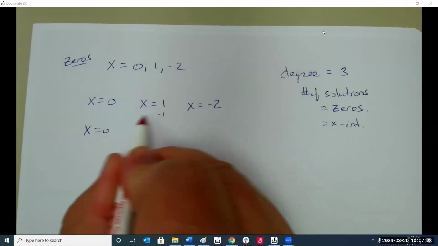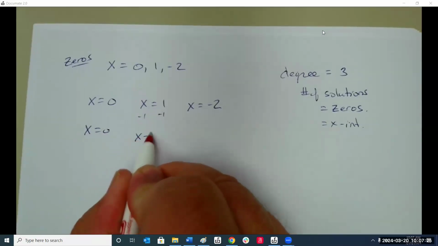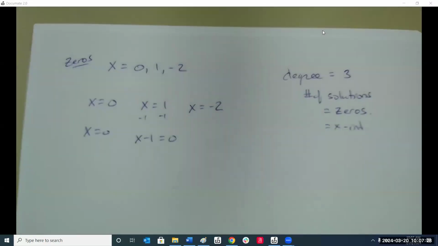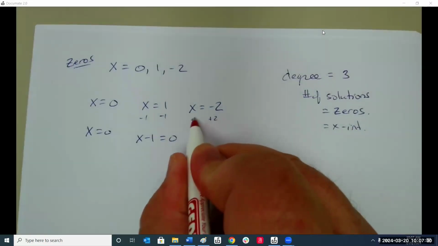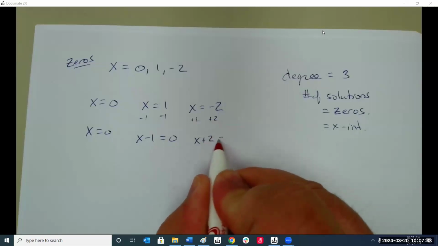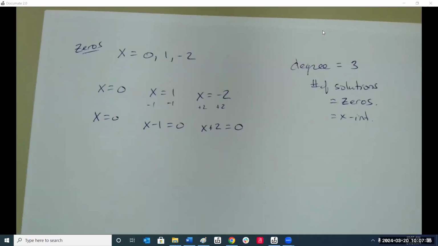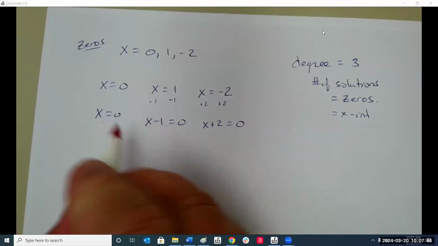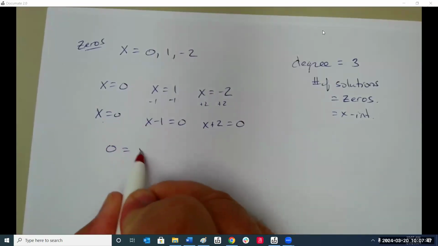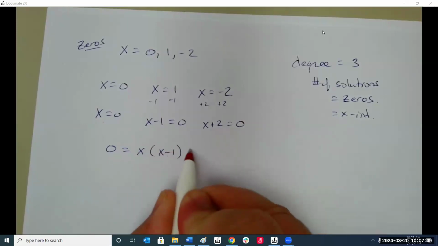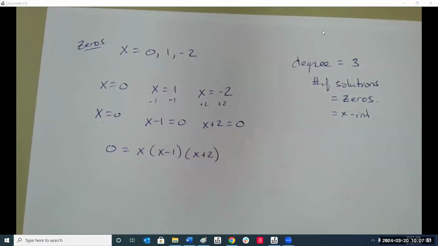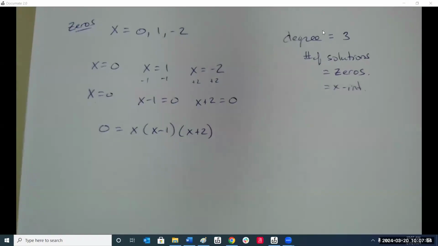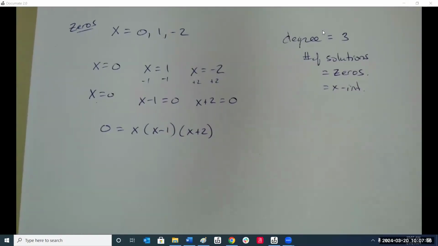I subtract 1 from both sides, so I have x minus 1 equals 0. I add 2, so I have x plus 2 equals 0. Since all of these equal 0, I can put them all together and then multiply them together.